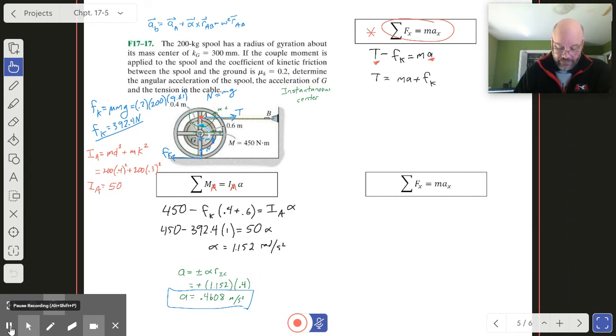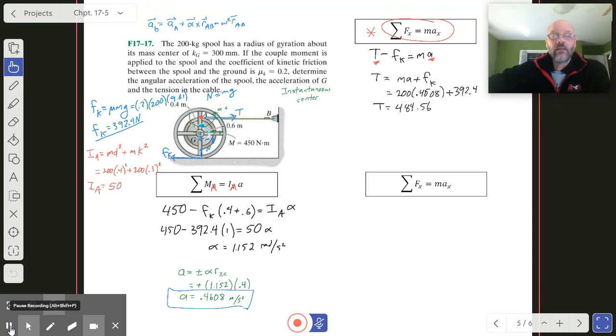So I'm going to have here that this is going to be 200 onto my acceleration, 0.4608, plus my friction, which is 392.4. And so my tension then turns out to be 484.56. Okay, so it's not too bad.